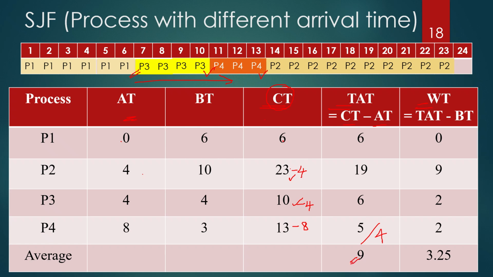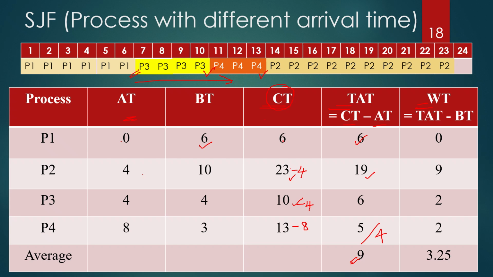And now to calculate the waiting time, we are going to use the formula turnaround time minus the burst time. So the turnaround time we have calculated in the previous section. So 6 minus the burst time, which is available in this column. So 6 minus 6, it is 0. And for the process P2, it is 19 minus 10, it is 9.